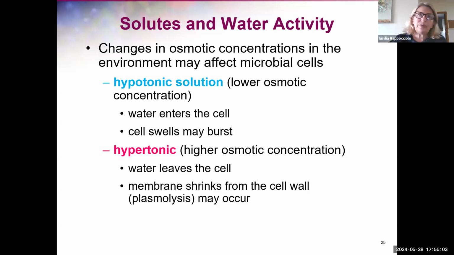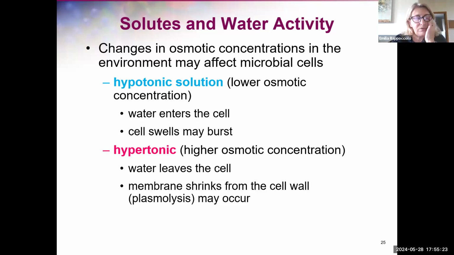Hypertonic environments, where the concentration is higher outside the cell, take the water outside of the cell and shrink the cell. They are bad, generally speaking, and cause plasmolysis, which is a killer of cells.